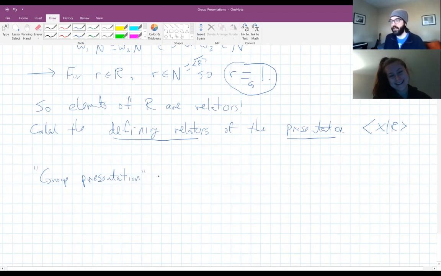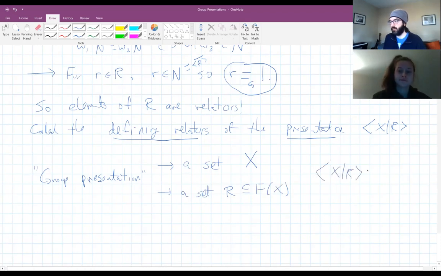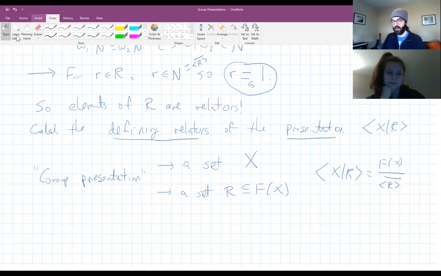What I mean is, I have a set X and I have a set R, which is a subset of the free group on that set X, and then I form ⟨X | R⟩, which is the same thing as the free group on X modulo the normal closure of R. That's what we mean by a group presentation. Do you have any questions?